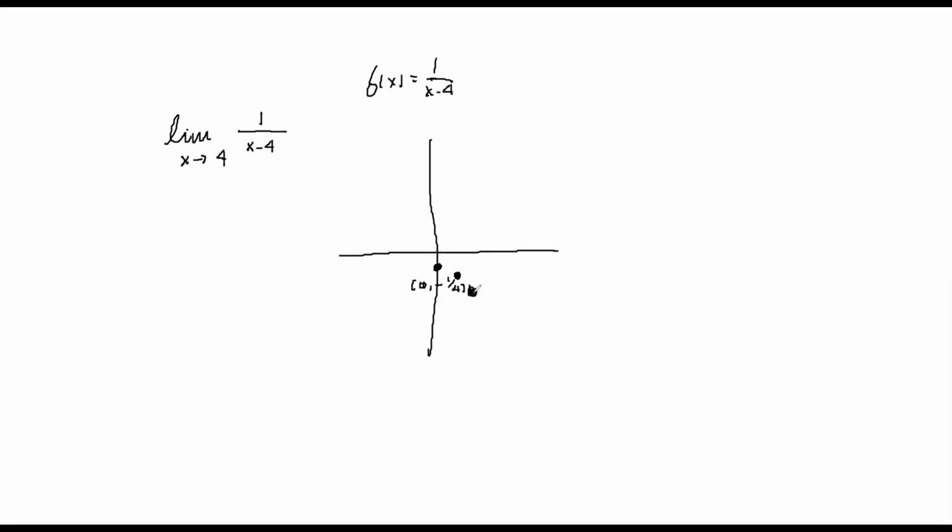Then x is 2, 1 over 2 minus 4, or -1/2. And then 3, -1.